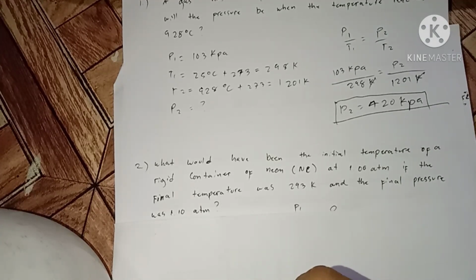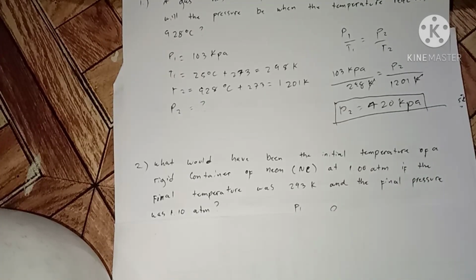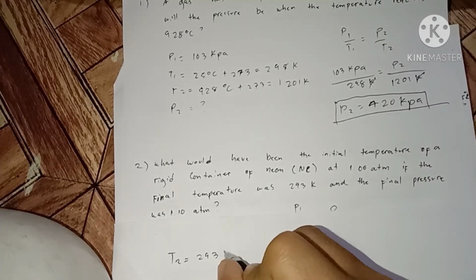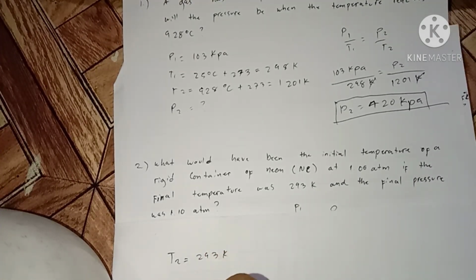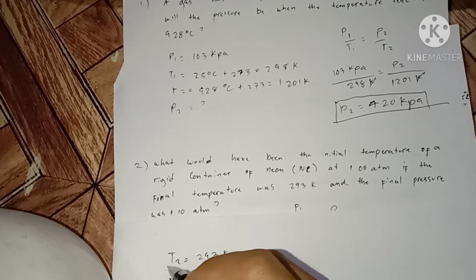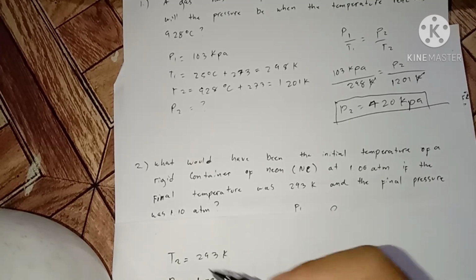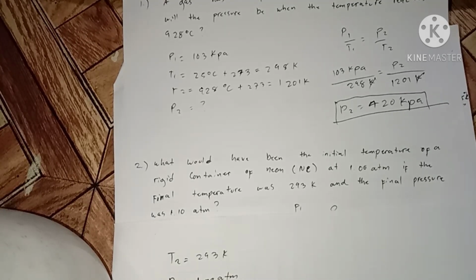So the final temperature was given, 293 Kelvin, the initial pressure is 1 atm, and the final pressure equals 1.10 atm. So the unknown is temperature 1.